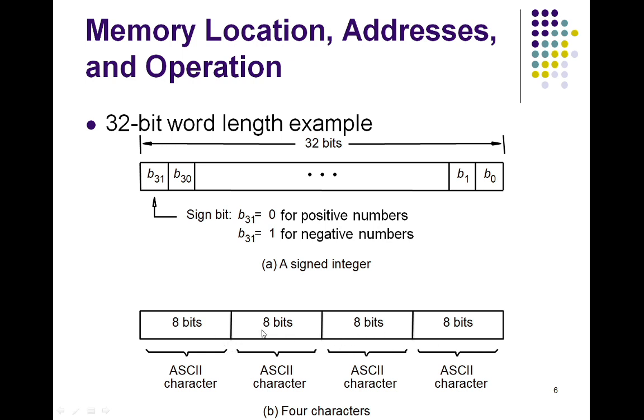A collection of 8 bits is known as a byte here. So a single word is of 4 bytes in case of a 32 bit computer, where each byte is of 8 bits.